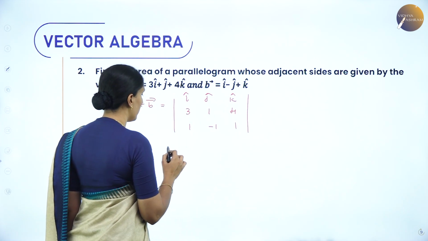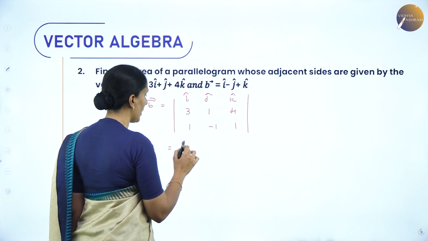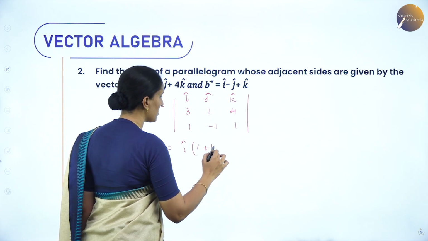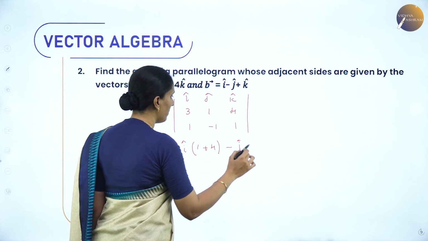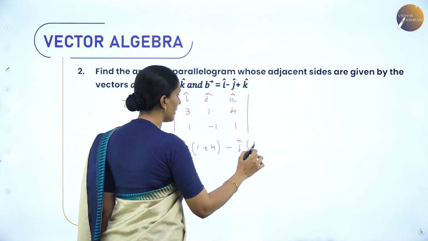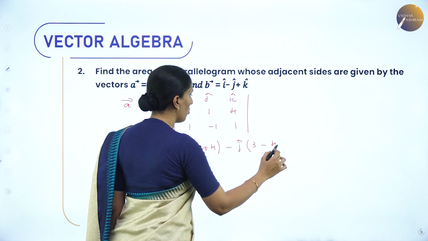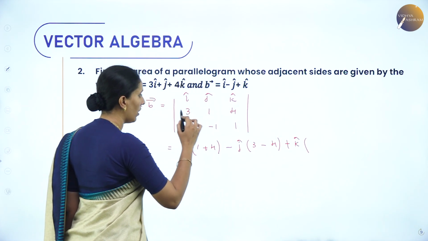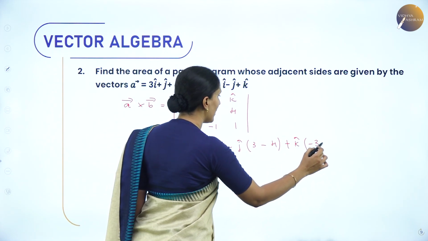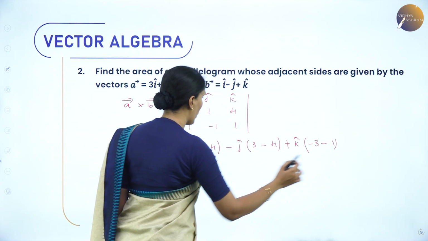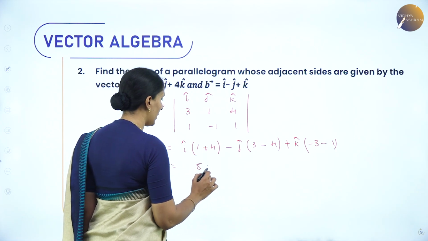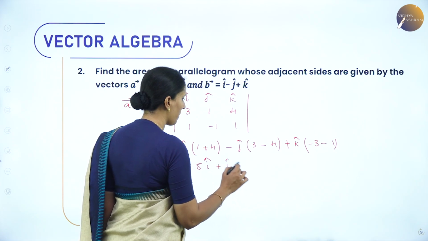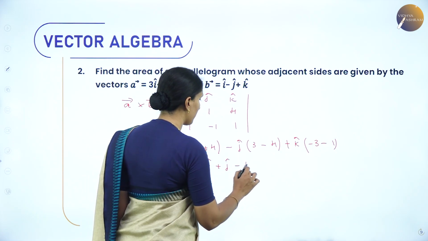So let's calculate this. i, 1 ones are 1, minus 4, becomes plus 4, minus j. 3 ones are 3, minus 4 ones are 4, plus k. If we delete the row and column, 3 into minus 1 minus 1 into 1. So 5i, and minus of minus becomes plus j, and minus 4k.